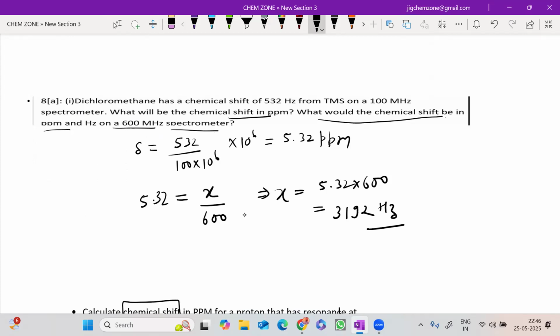Correct? This is how you can find out the value of delta by using the formula.